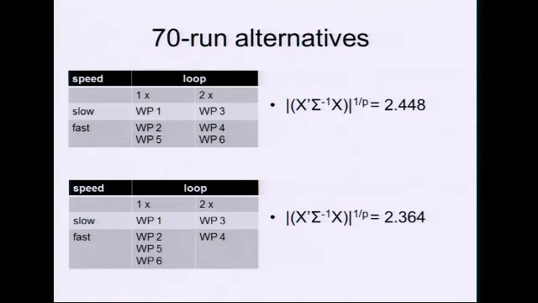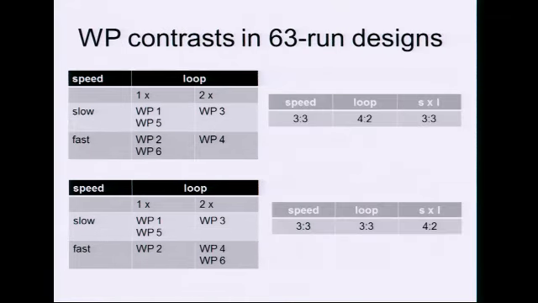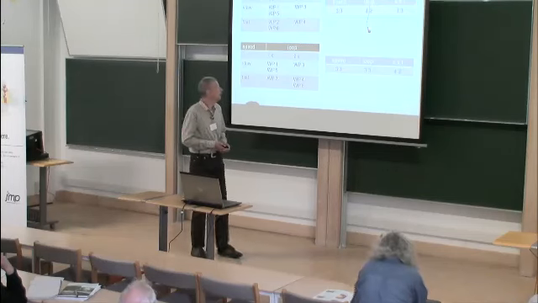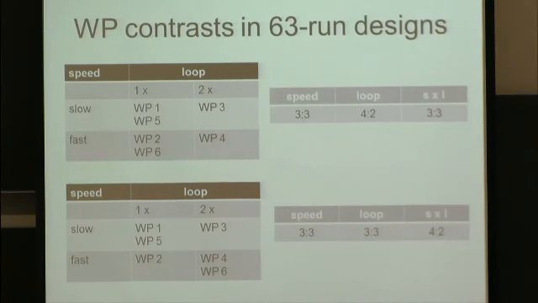And now for the explanation about the difference in these 63 run and 70 run alternatives. We return to the 63 run designs. If we look at the contrasts you can estimate in the whole plot stratum, you have 3 contrasts: a speed contrast, 3 runs with a high speed, 3 runs with low speed, a loop contrast.